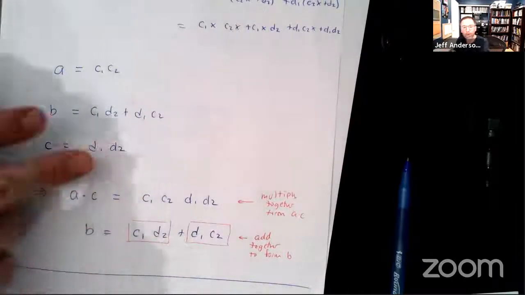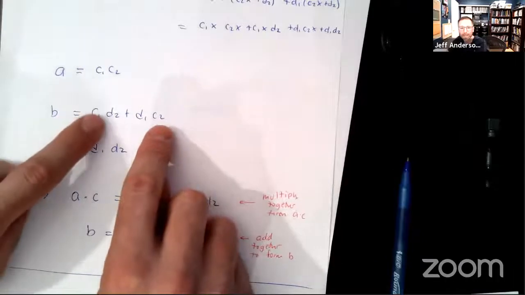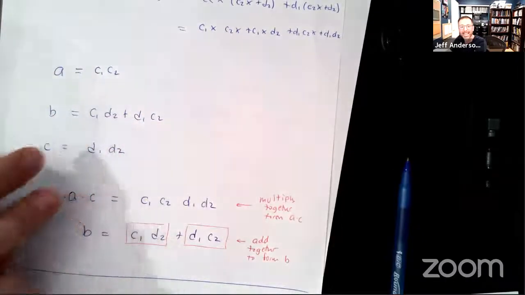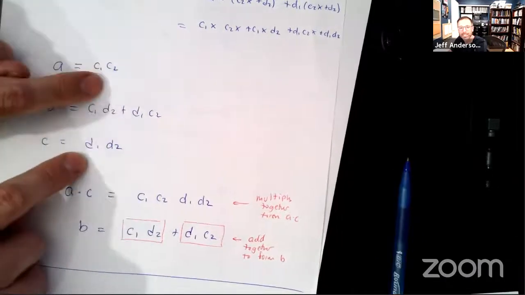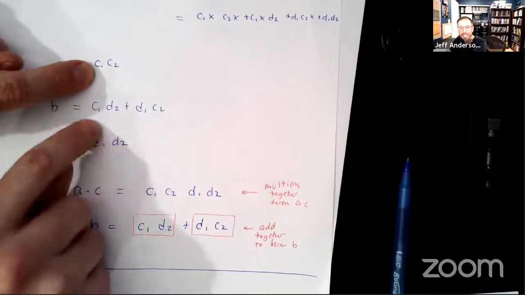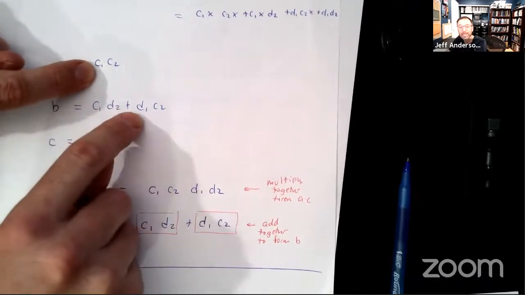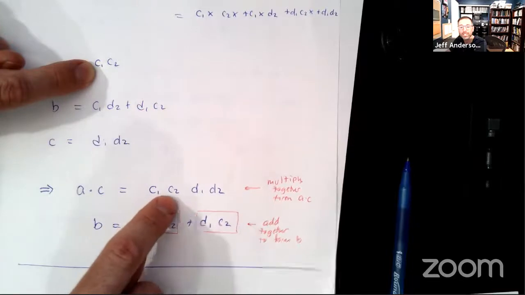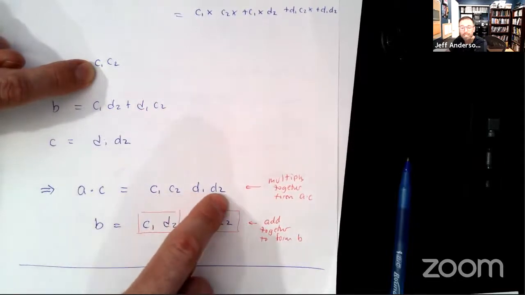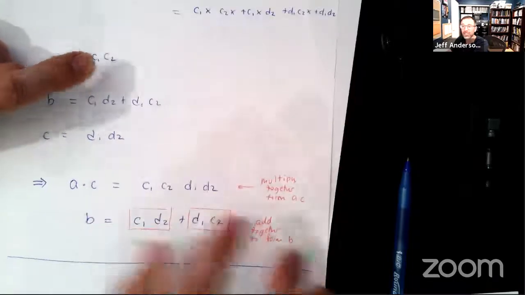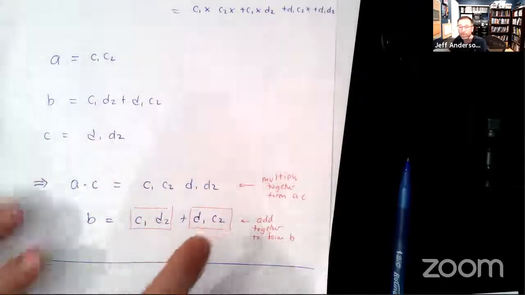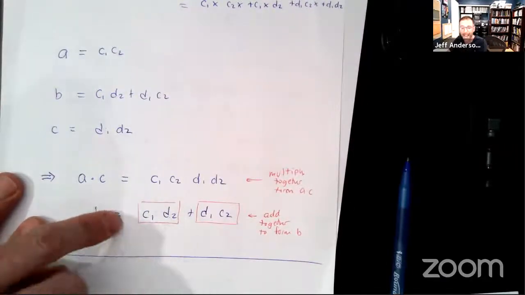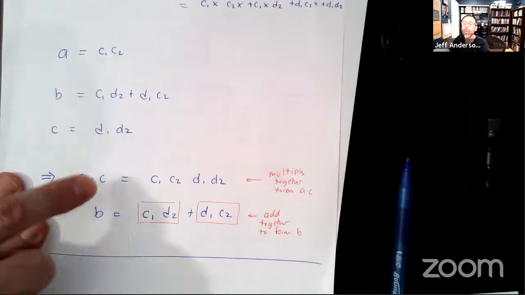But when I multiply those two together, I get the product of a times c, which is exactly what we see. c1 d2 times d1 c2 is indeed c1 c2 times d1 d2. That's the same thing. And so that's the way that we split those. We look for two numbers. When I add those together, I get the coefficient b. When I multiply together, I get the product a times c.